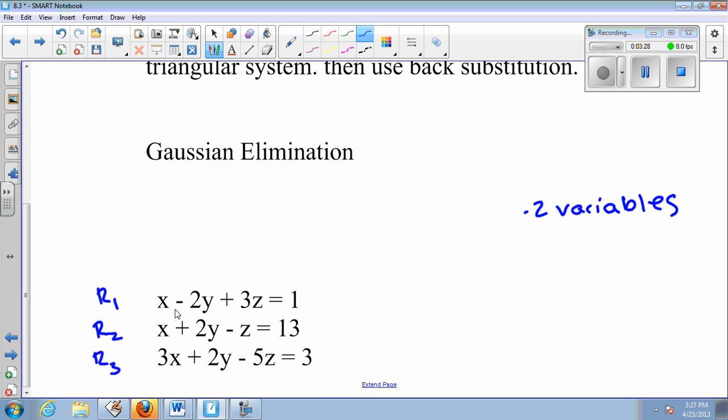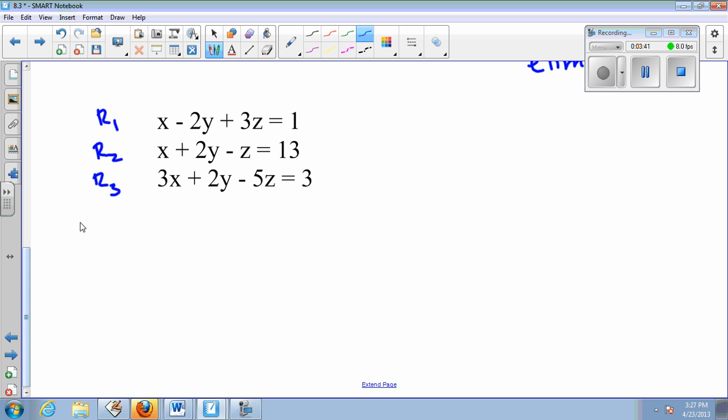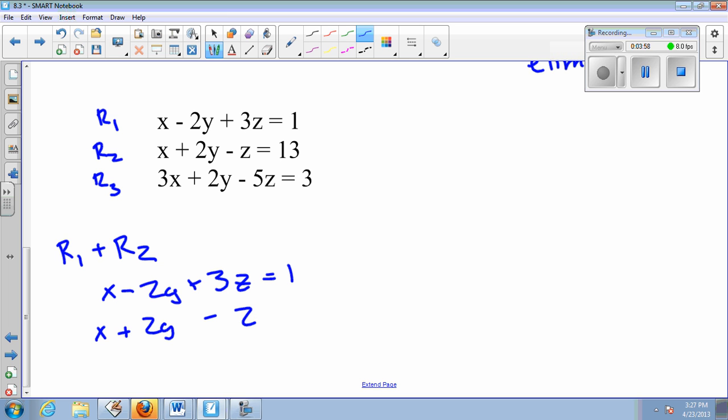They all have the same or opposite y coefficient. So let's eliminate y. To do that, we're going to use row 1 plus row 2. So we're going to add these 2 together to eliminate y.